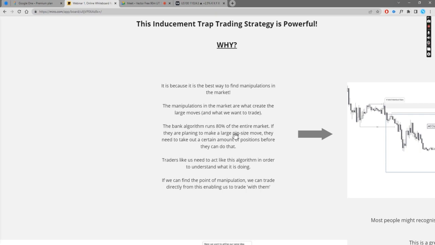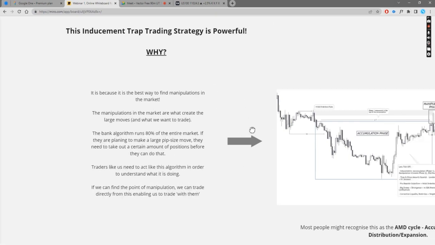The bank algorithm runs 80% of the entire market. If they're planning to make a large pip size move, they need to take out a certain amount of positions before they can do that. Traders like us need to act like this algorithm in order to understand what it's doing. If we can find the point of manipulation, we can trade directly from this, enabling us to trade alongside them, yeah?